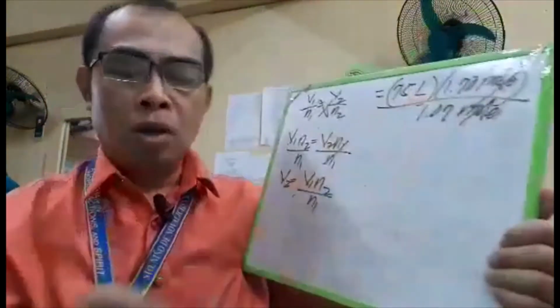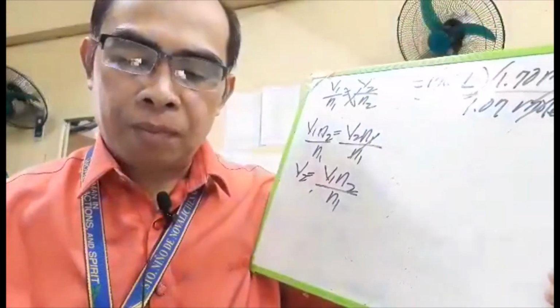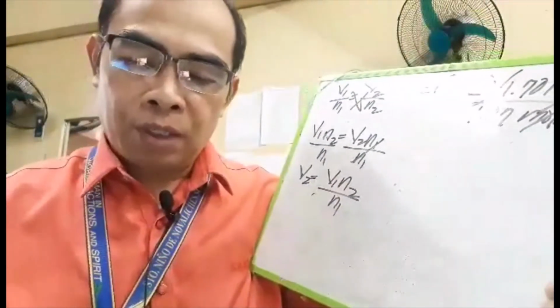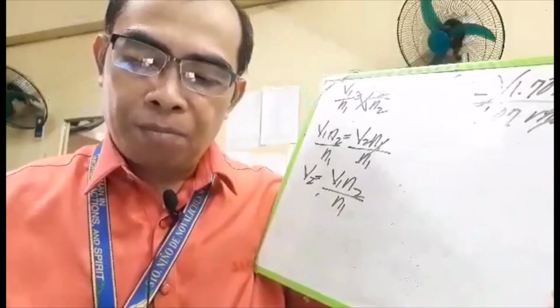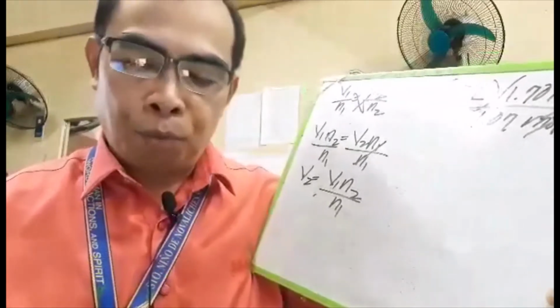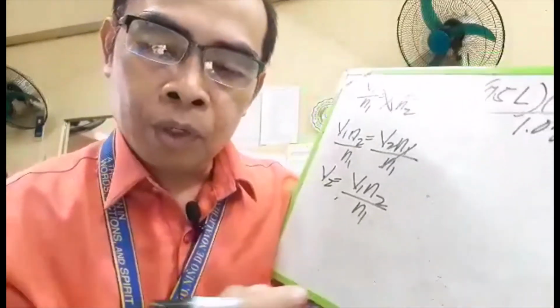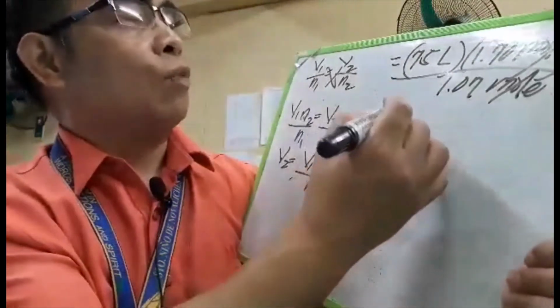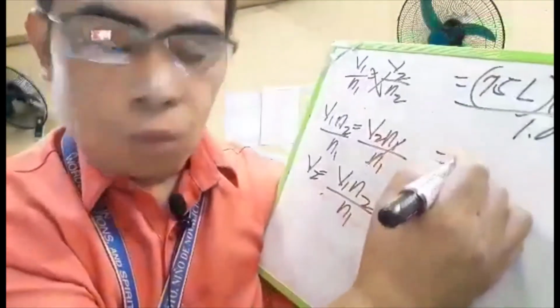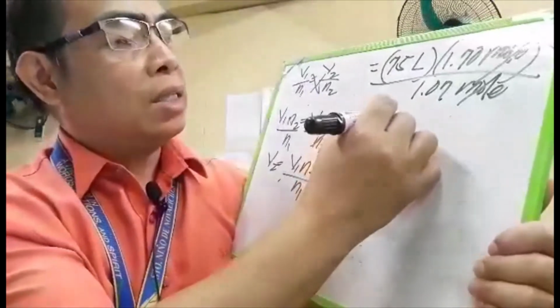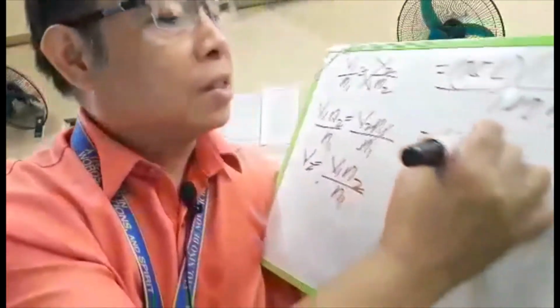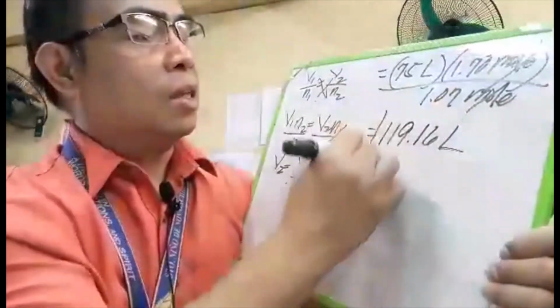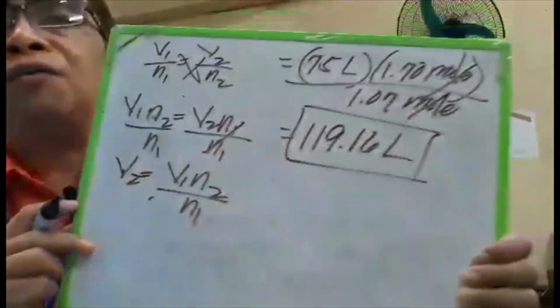Cancel the mole. So we have 75 times 1.70 divided by 1.07. So our volume 2 becomes 119.16 liters. So this is the final answer for our second problem.